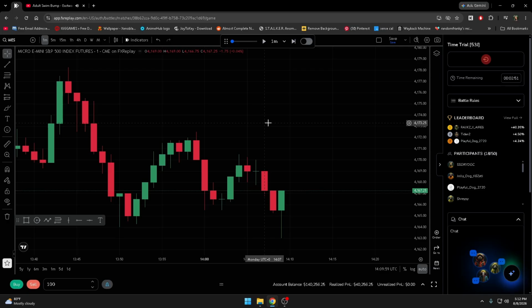Then for your bearish, enter when price goes above the bearish third candle of FVG. That's entry method one.